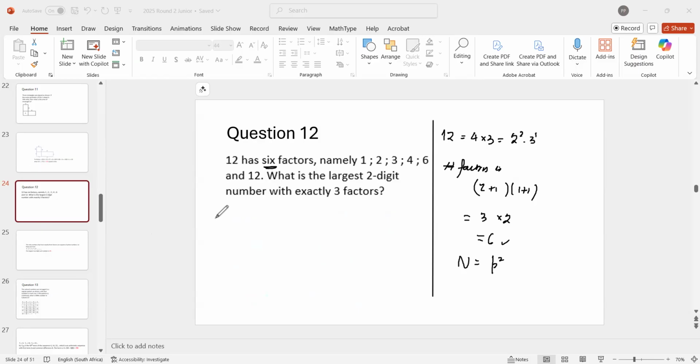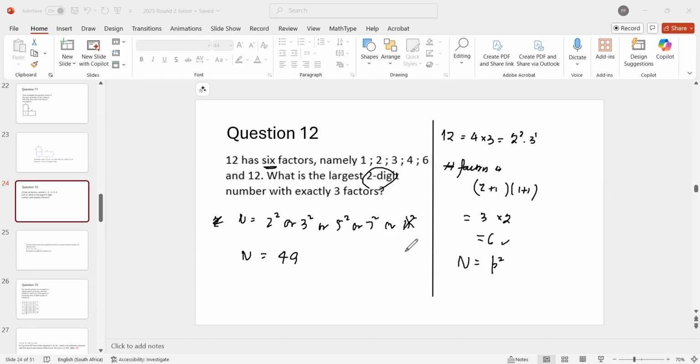The primes are 2, so n is maybe 2 squared, or 3 squared, or 5 squared, or 7 squared, or 11 squared. And now it's going to be a 2-digit number. 11 squared is out because that's 121. And you want the largest one, so n must be 49. That's the largest square of a prime number.